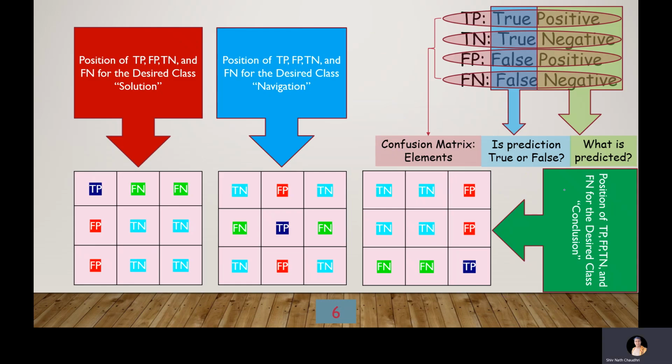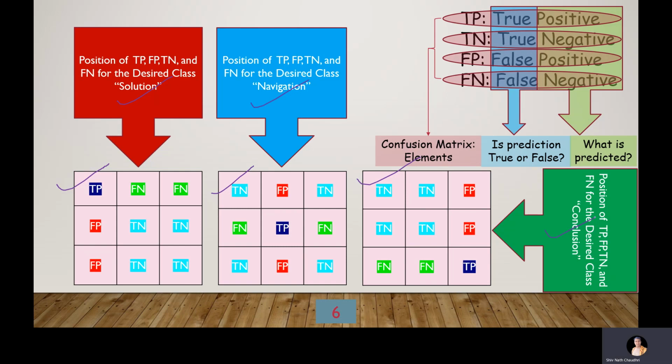According to the desired class, the position or location of generic elements can be explained as shown in the figure. So this is the distribution of generic elements when the desired class is solution, and this is the distribution of generic elements when the desired class is navigation, and this is the distribution of generic elements when the desired class is conclusion.